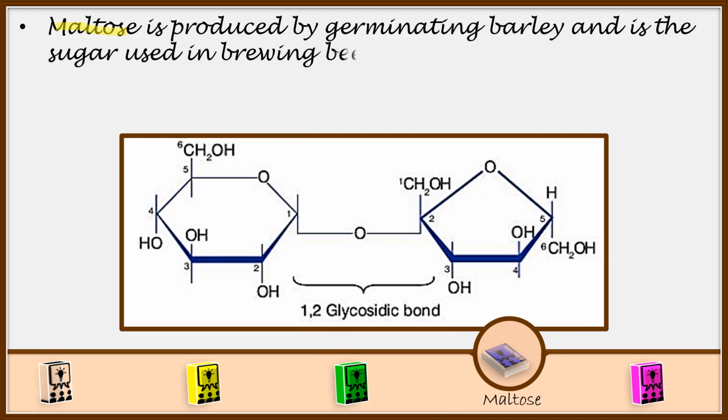Maltose is produced by germinating barley and is also the sugar used in brewing beer. So maltose is another sugar like sucrose. This one can be produced by germinating barley and is a sugar that is used in brewing beer.